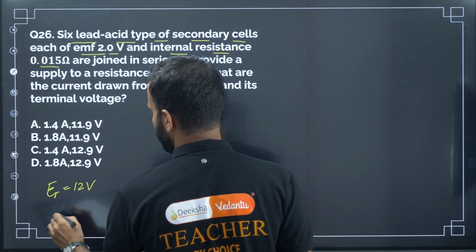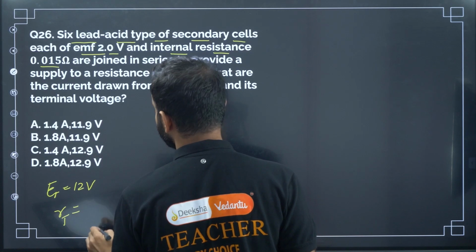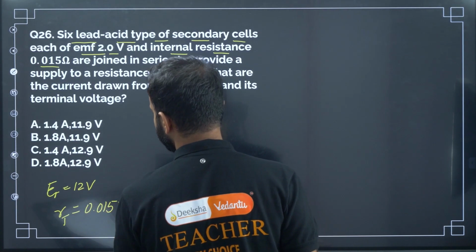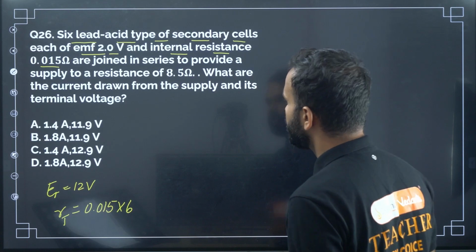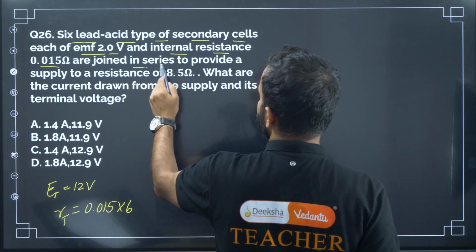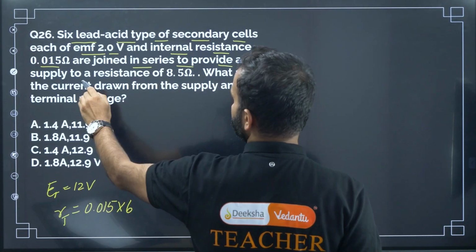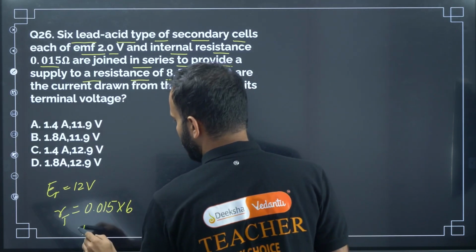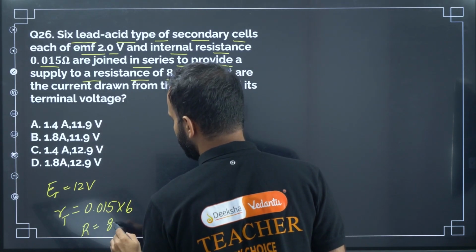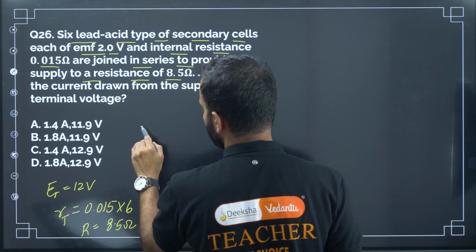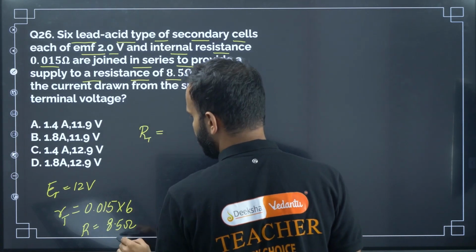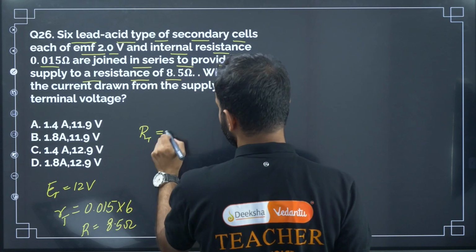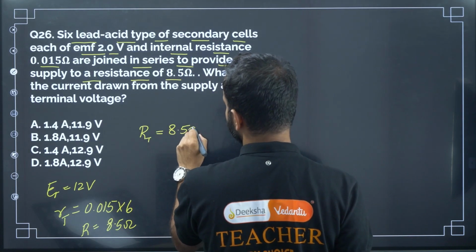So here RT, total internal resistance, is 0.015 into 6. They are joined in series to produce a supply to a resistance of 8.5 ohm. So capital R is equal to 8.5 ohm. So what is the total resistance? Total resistance will be 8.5 plus 0.015 into 6. So that will be 8.59 ohm.